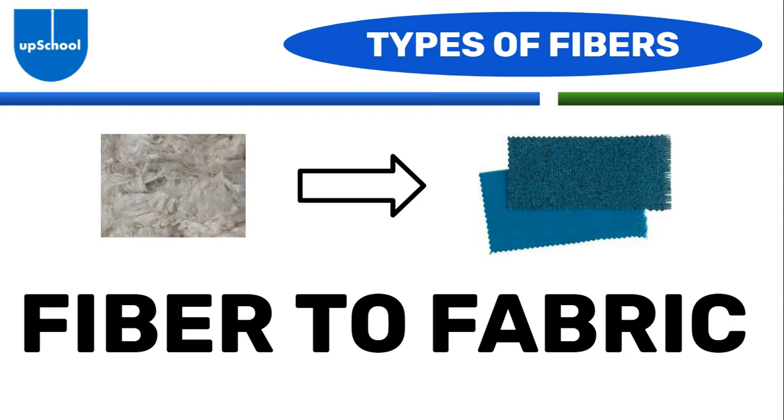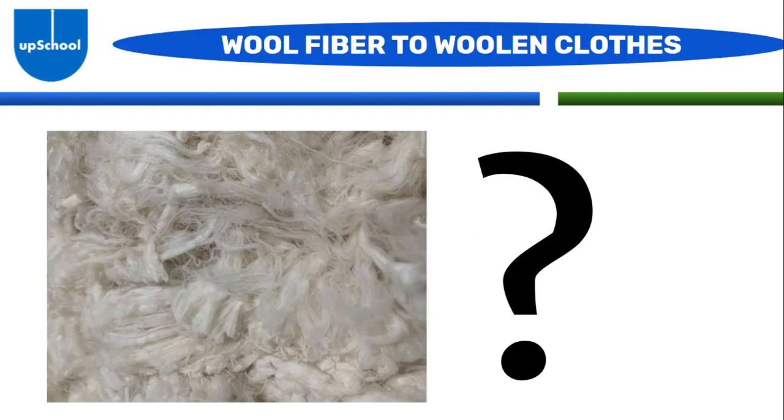And we use this woolen fabric to make the woolen clothes that you use in the winter. So how can we turn wool fiber into wool fabric? That's what we're going to learn in this lesson 1. This is 3.1 of CBSE Class 7 Science Chapter 3. And yeah, let's begin.